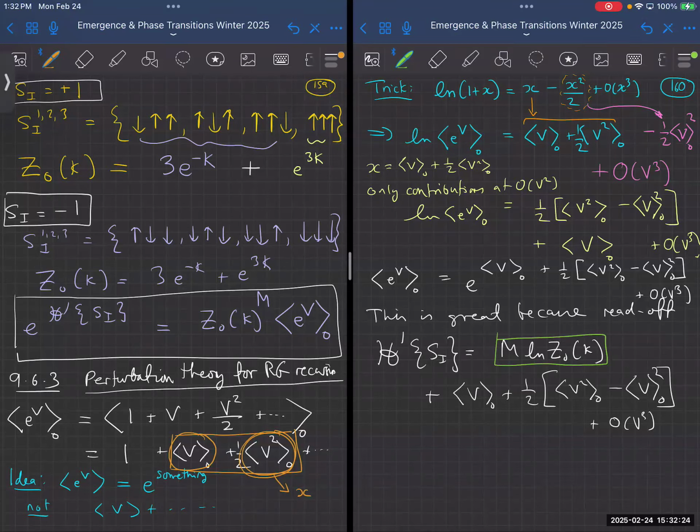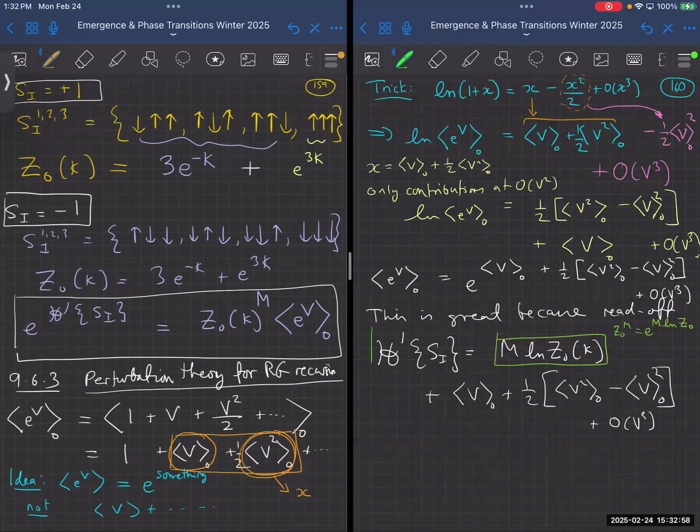So this term came from writing that Z naught to the m is equal to e to the m log of Z naught. All right. Any questions about this before I go on to the next calculation? No, because it literally is, H prime is in the exponential.